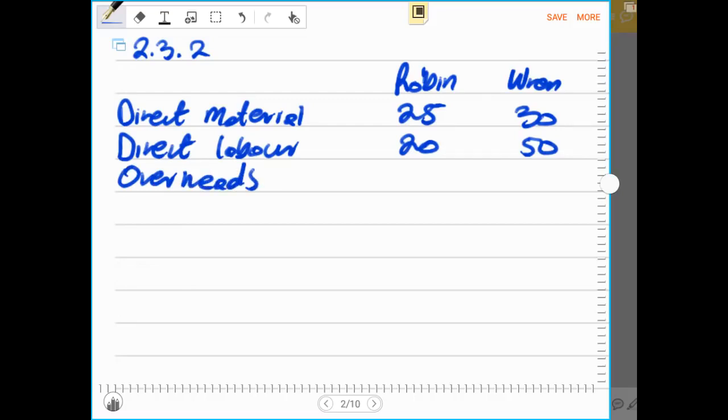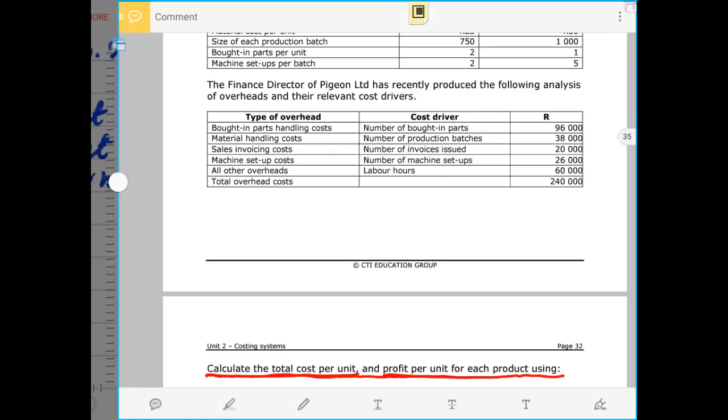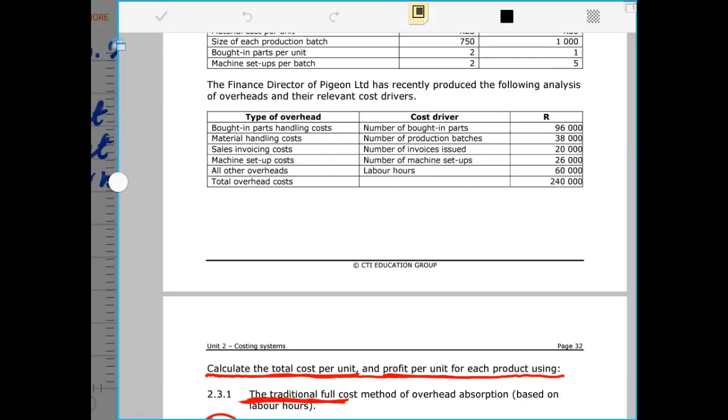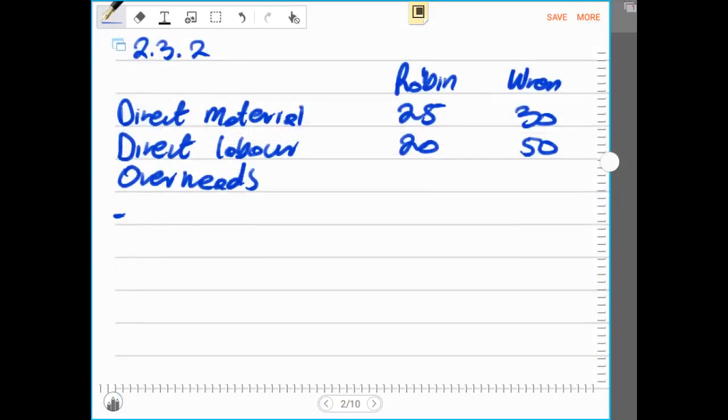So now we have to list all the overheads that we have, and I will do the calculation for all of them. The first overhead that we have here, as it is given, is bought in parts handling cost.